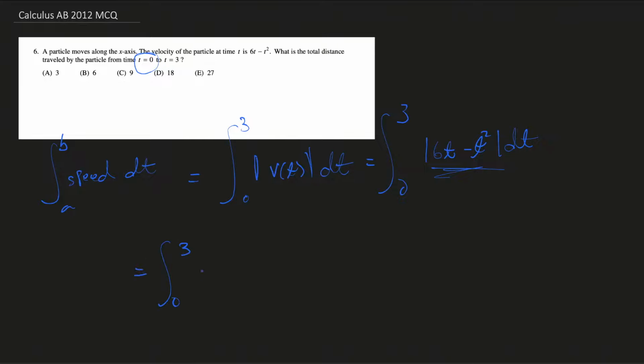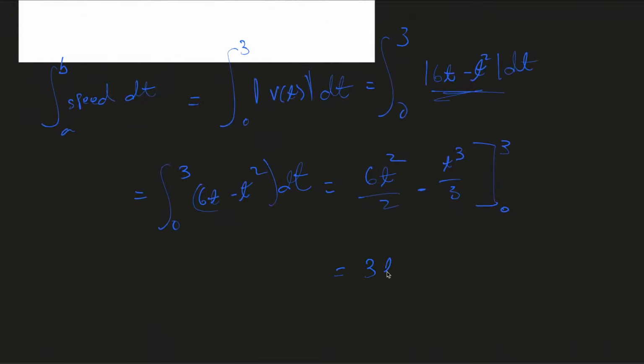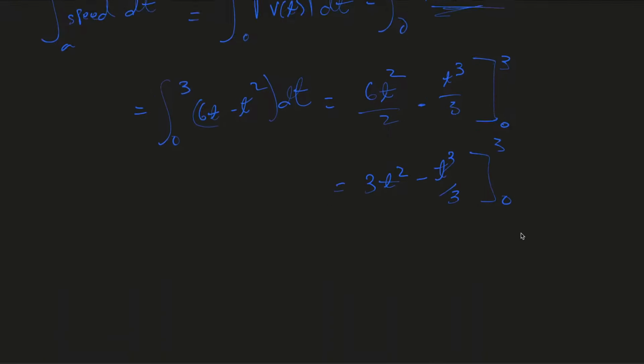You can just say this is the integral from 0 to 3 of 6t minus t squared dt, and this would be equal to, you can just split up the integral and do the power rule with the first part equaling 6t, 1 plus 1 is 2, so it's just basic power rule, 6t squared over 2 minus t cubed over 3, and we're taking the integral from 0 to 3, so this would then equal 3t squared minus t cubed over 3 from 0 to 3.